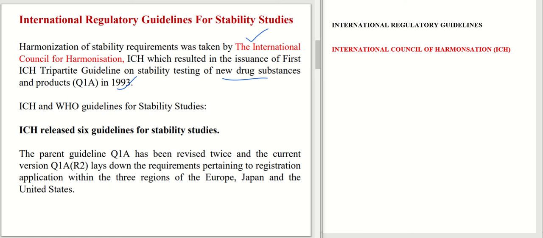Based on the different products and different guidelines, each guideline was given a code like Q1A. Now, ICH and WHO have collaborated and set up a few guidelines for stability studies. Now, let's see one by one. For example, the parent guideline, the very first guideline, Q1A, has been revised.